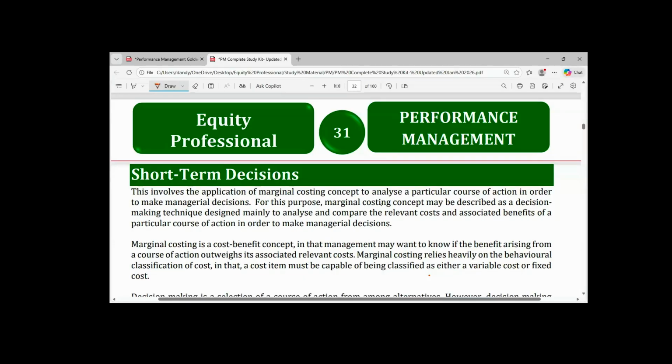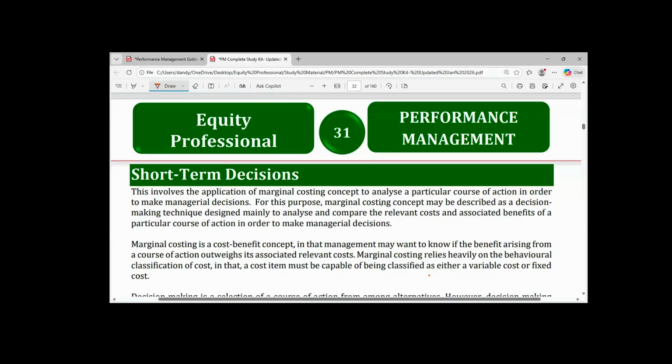Okay, and it is a kind of technique that also relies on the behavioral classification of cost, which simply means that a cost item must be capable of being classified as either a variable or fixed cost. So this is what marginal costing technique means in relation to short-term decisions.